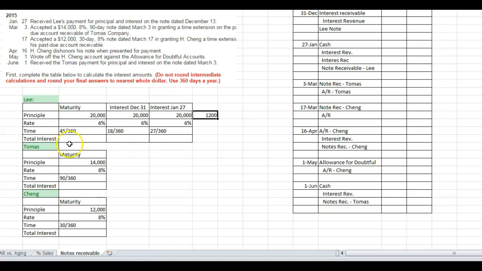So how much would each one of these time periods be then? Well, we can figure that fairly easily. Equal 1,200 times 45 divided by 360. So the very first one, the interest due is 150. Now let's do it for 18 days.